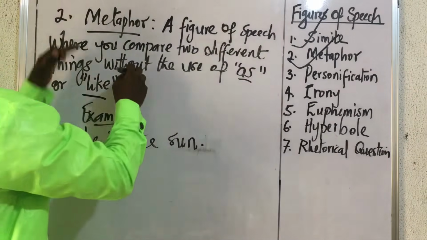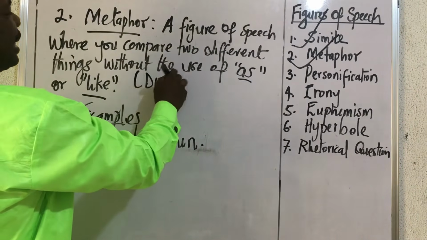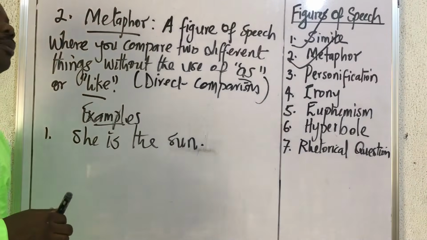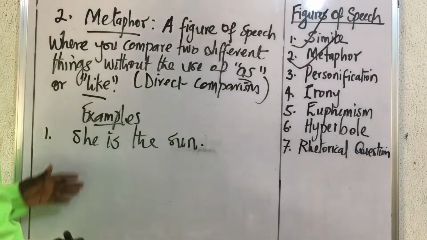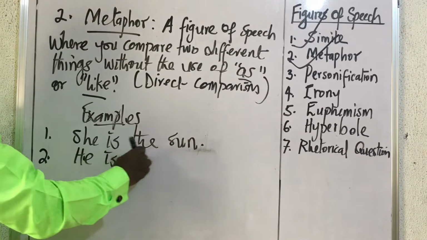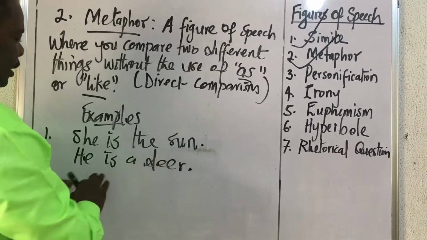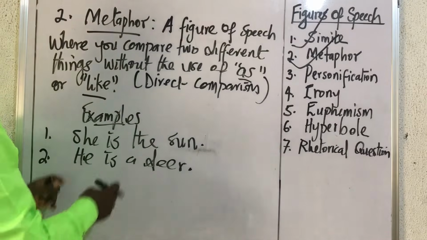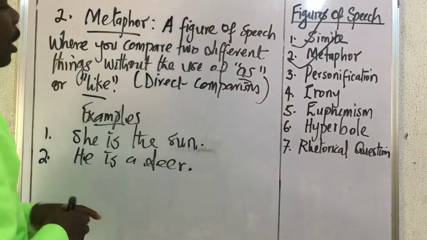So we can say that metaphor is direct comparison, while simile is indirect comparison because it says like, but this one says it is. For the second example, we can say he is a deer. Instead of saying he is like a deer, you go directly by saying he is a deer.